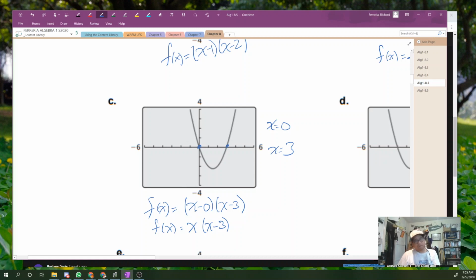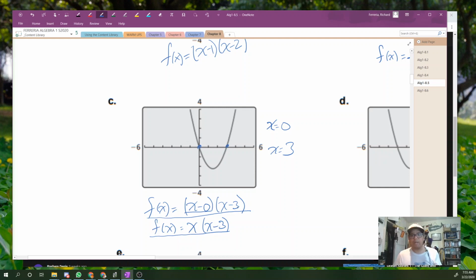Well, x minus 0 is just x, so you'll probably never see it written like this by any teacher or anyone who wants to look academic. But it is the same thing. x minus 0 is the same thing as x. This is perfectly acceptable.